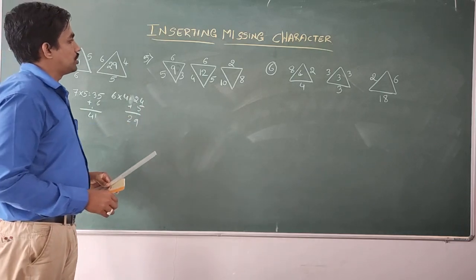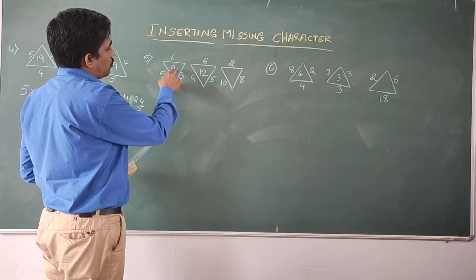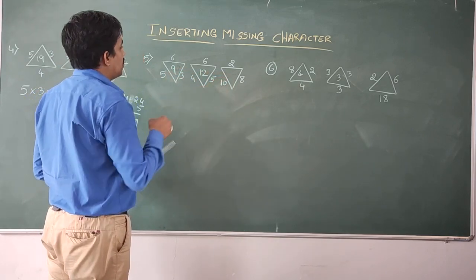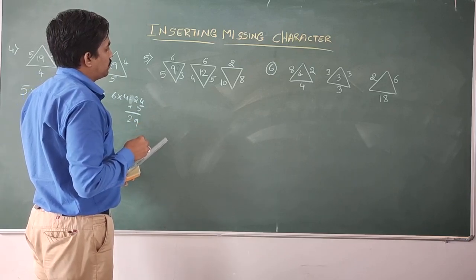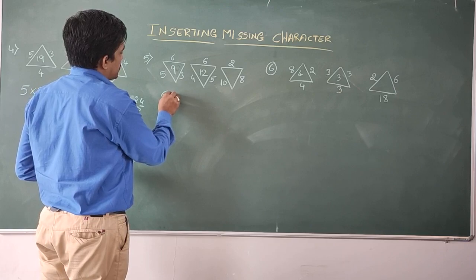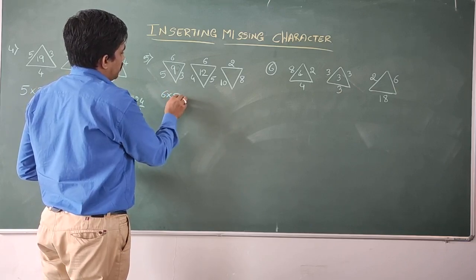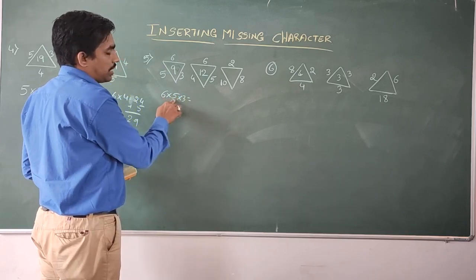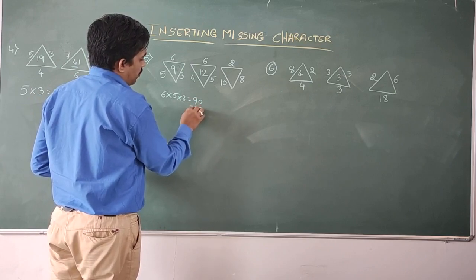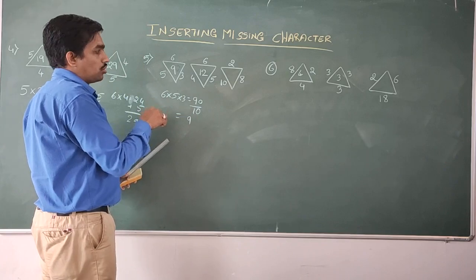And coming to this question, we have 9, 12, and we have to find this number. So what should we do here? 6 into 5 into 3, that is 6 5s are 30, 3 3s are 90, divided by 10 is 9. This is the logic.